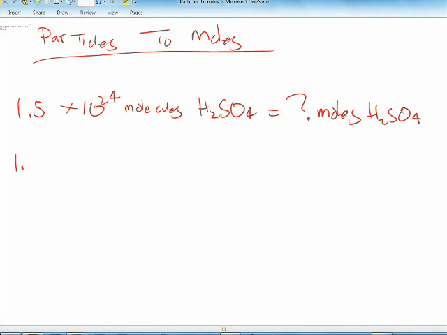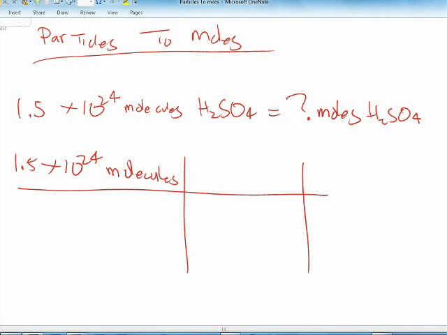So let's look at this. 1.5 times 10 to the 24th molecules. We're going to use our conversion factor. And if you want to use the railroad tracks, you can do that as well. You will probably be doing that later in the chapter as well.